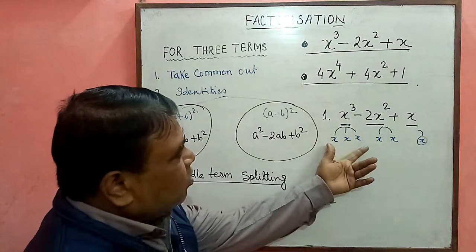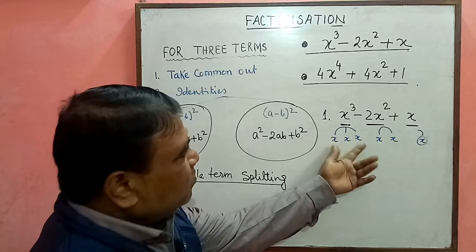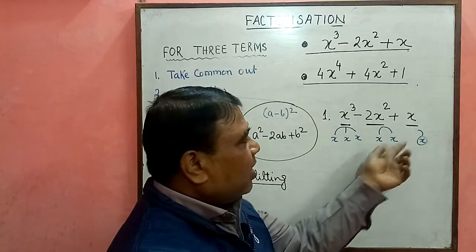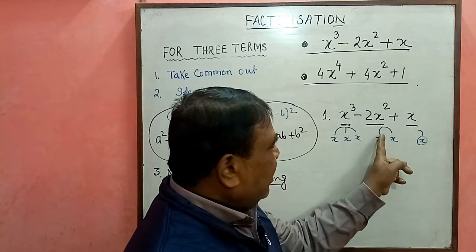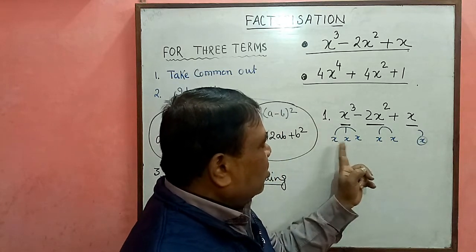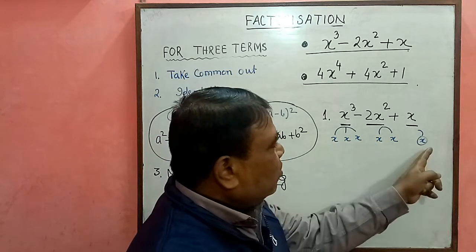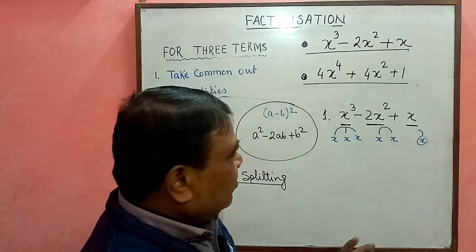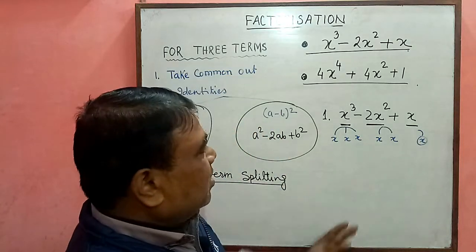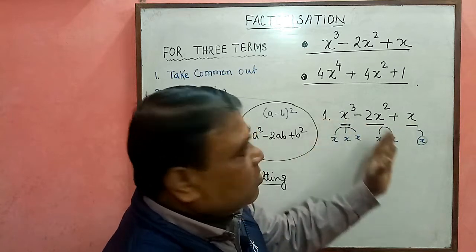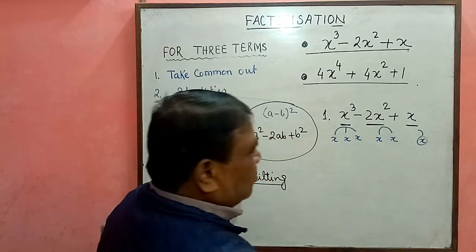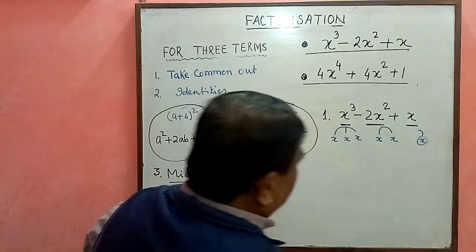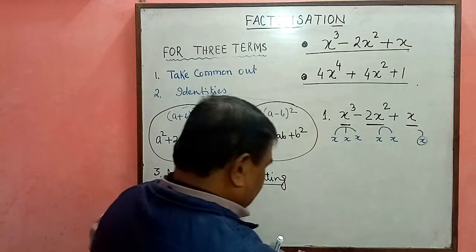Here I have shown the factors of x cube, x square and x. The GCD or HCF of these is x. That means these three terms are divisible by x only. This is the greatest term by which we can divide x cube, x square and x.